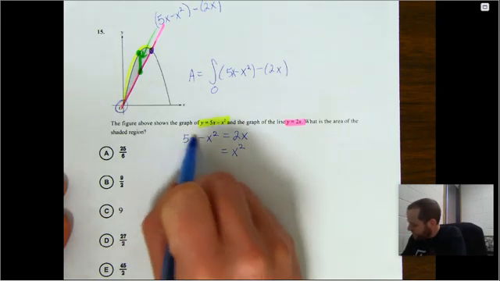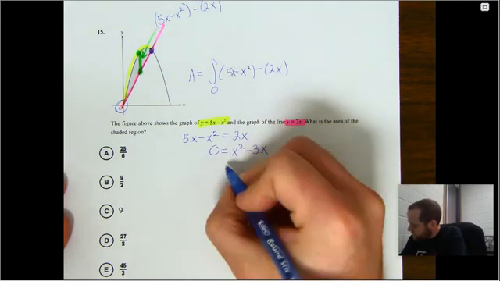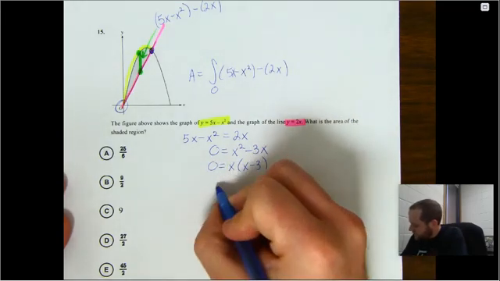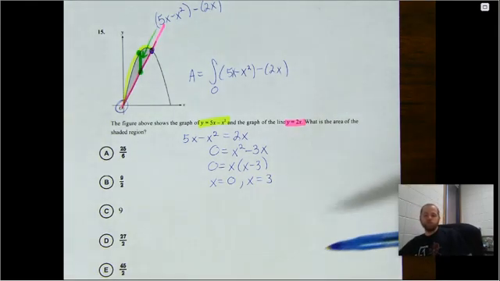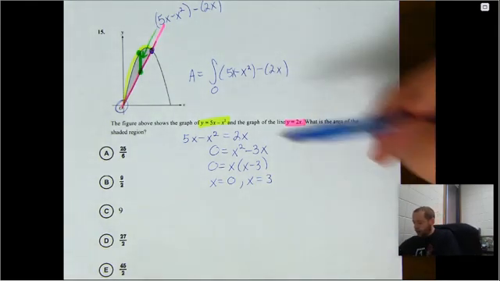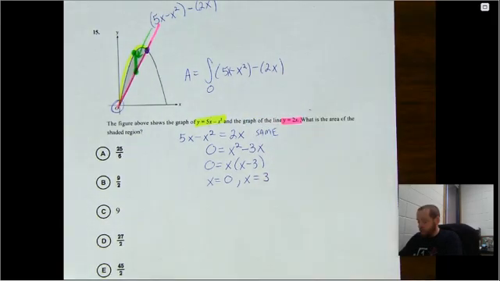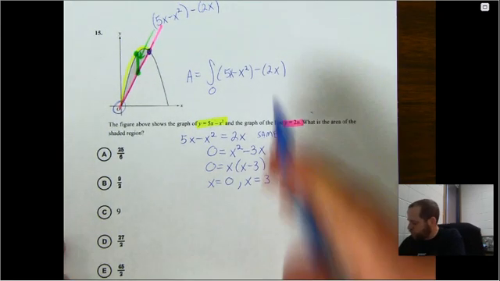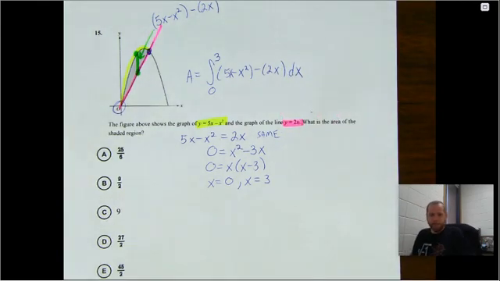Let's subtract 5x from 2x. Factor out an x. And I get that x is 0 and 3, where these two functions will meet, where their y values will be the same. Well, I already knew 0. So what this tells me is I must be looking at 3 as the other x value. Don't forget your dx, okay?